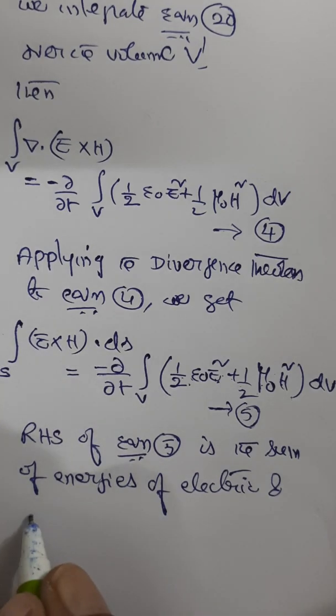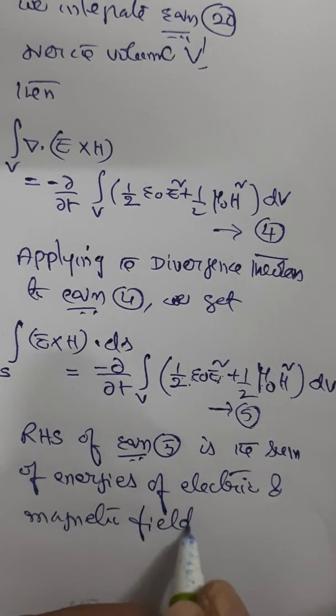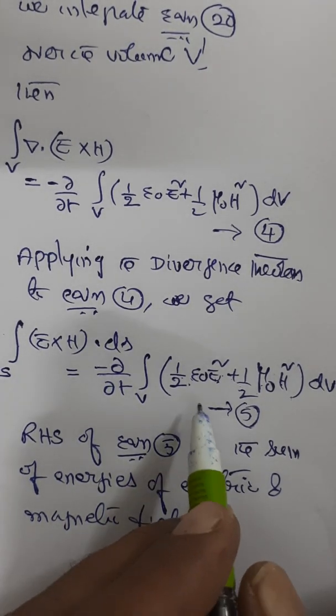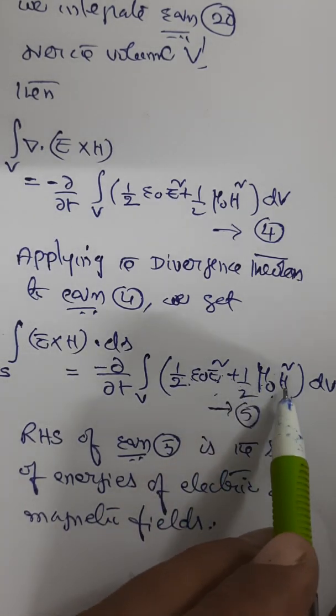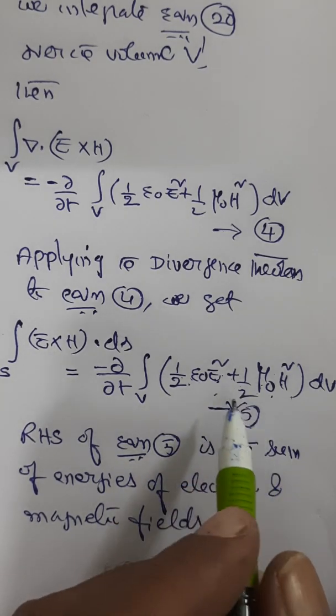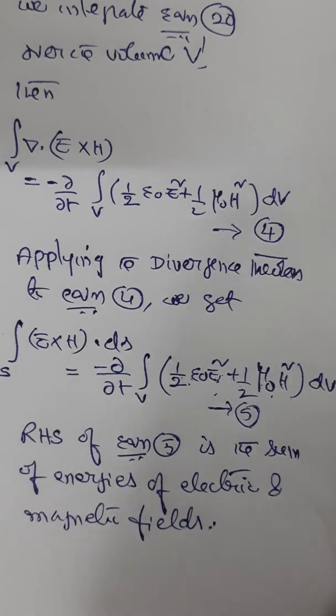The moment you get it as the sum of energies of both electric and magnetic fields, it represents the amount of energy transferred over the entire volume in 1 second. That is the rate of flow of energy.